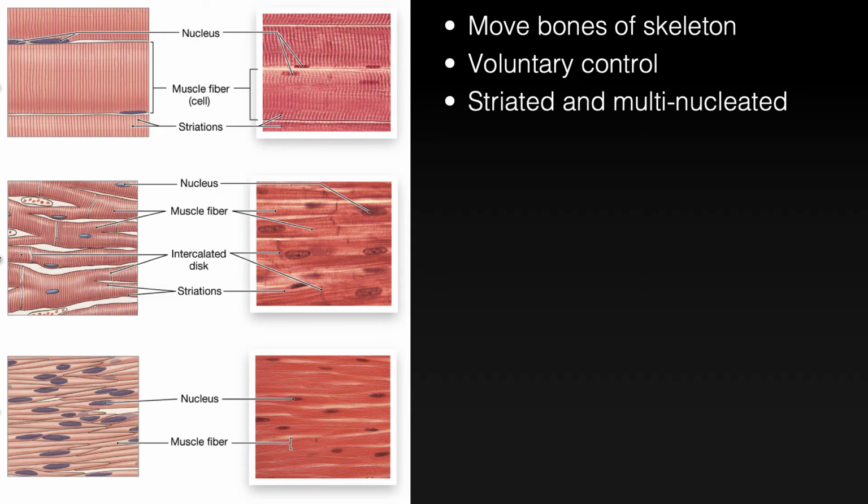Striated simply means striped, like a zebra. Skeletal muscle is striated, and you can see that in this top image on the left and right hand sides. There are waves of these ordered bands that can easily distinguish skeletal muscle from other types of muscle. Striated or striped.